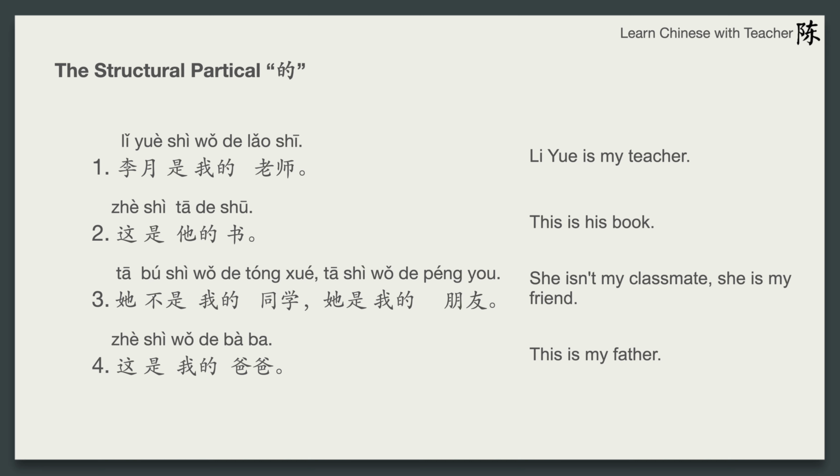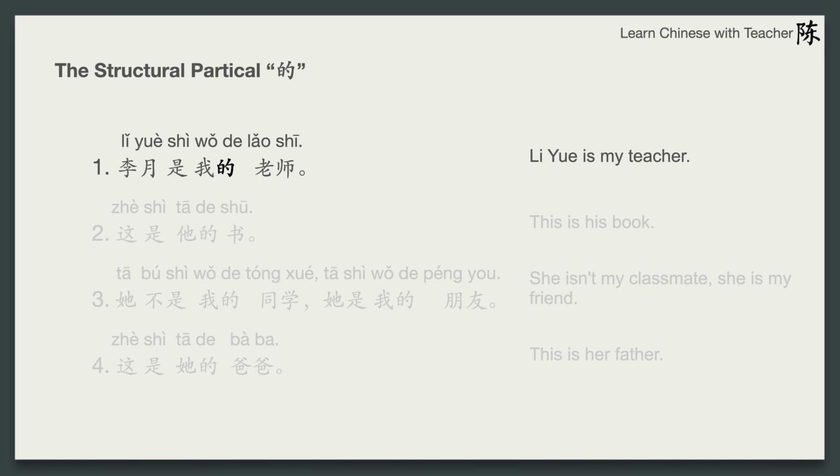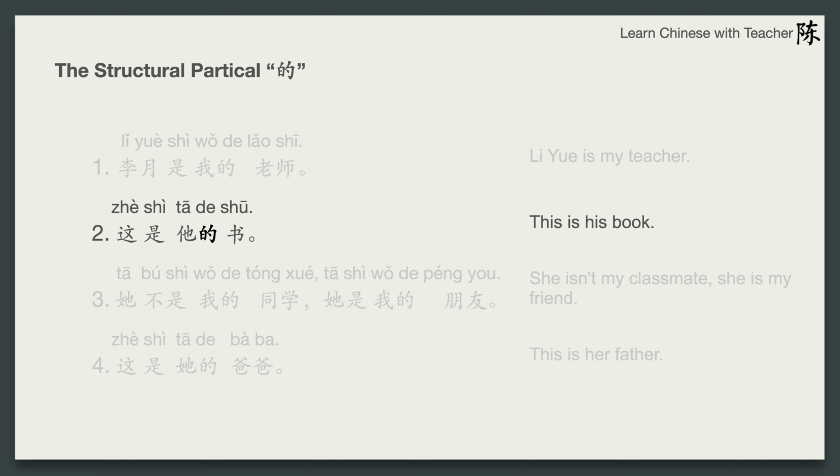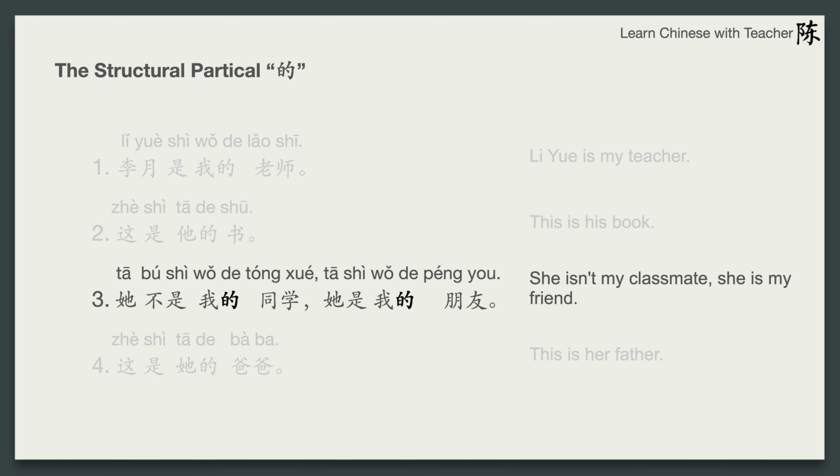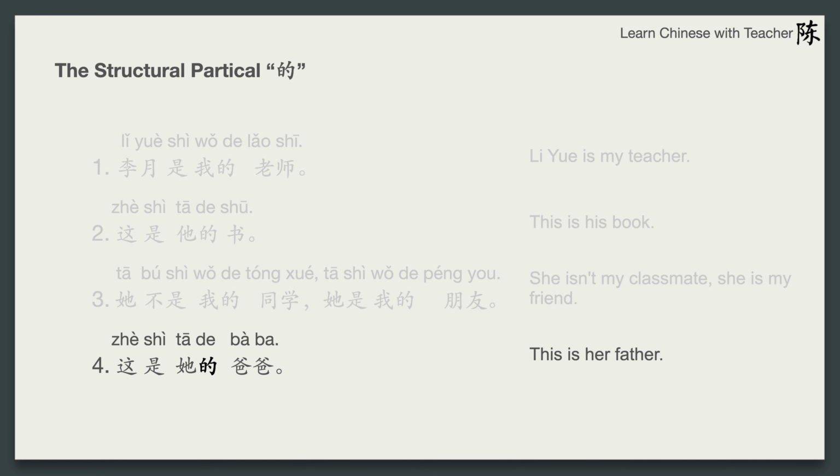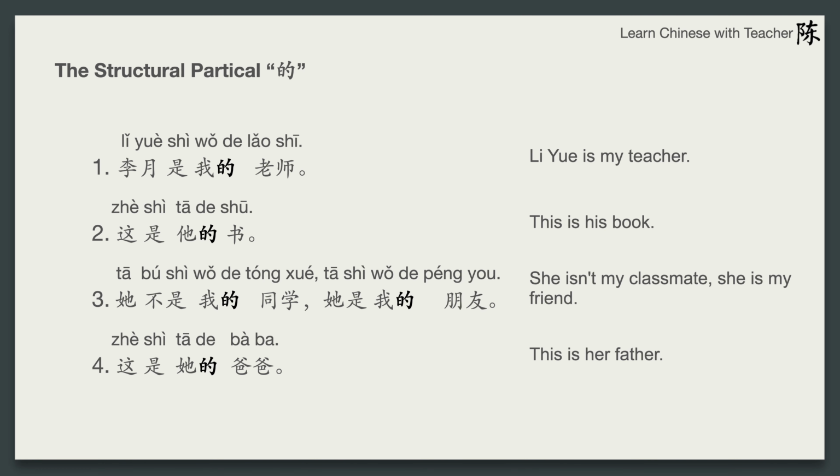As usual, let's read these sentences first. 李月是我的老师，这是他的书。他不是我的同学，他是我的朋友。这是他的爸爸。 The structure of a noun or pronoun followed by 的 followed by another noun indicates possession.